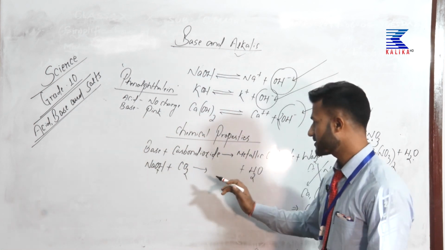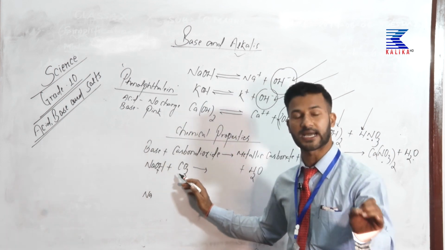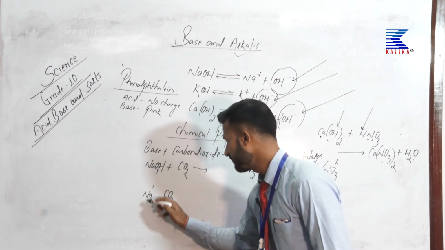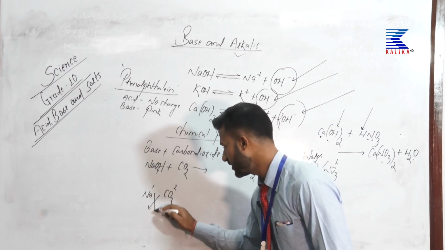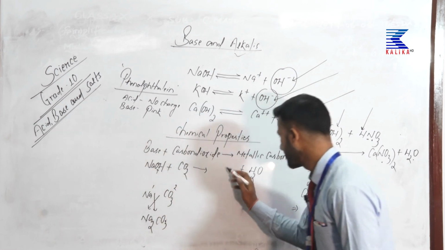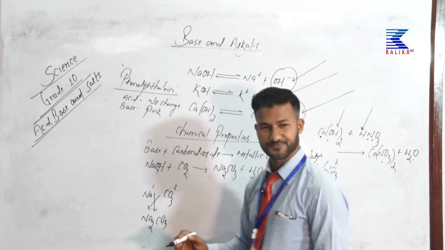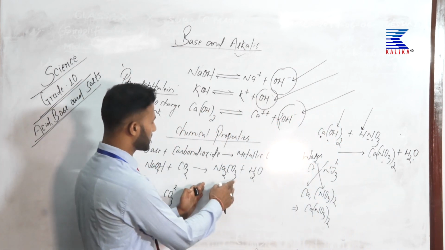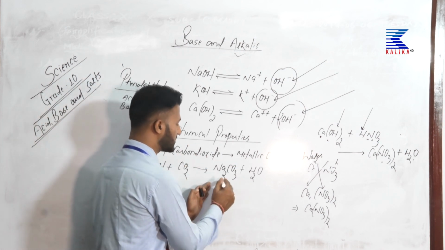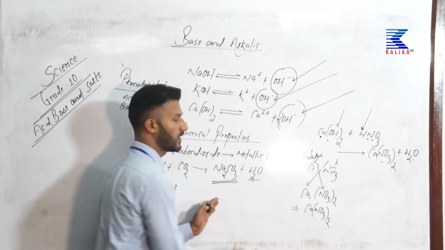So here also the same happens. Here sodium is left, and with carbon dioxide a carbonate compound is always formed. So you must make a crisscross between metal and carbonate radical. Here you can find Na2CO3, sodium carbonate. This is the chemical reaction between base and carbon dioxide. They produce metallic carbonate, specifically sodium carbonate, and water.